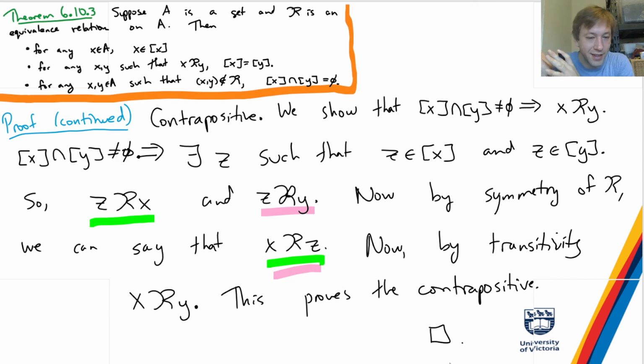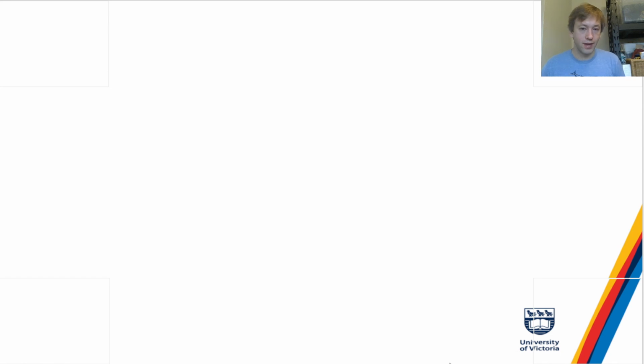Like I said, the thing to take away from this is that if I have an equivalence relation, I look at the equivalence classes, that partitions the set on which the equivalence relation is defined. Let's look at a few examples. So I realize now that I didn't give you any examples of partitions, so let's do a few.